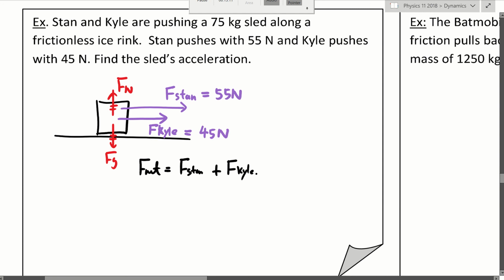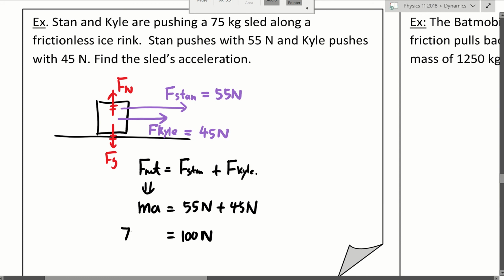Now F net equals ma as usual. 55 plus 45, add up together, 100 Newtons.